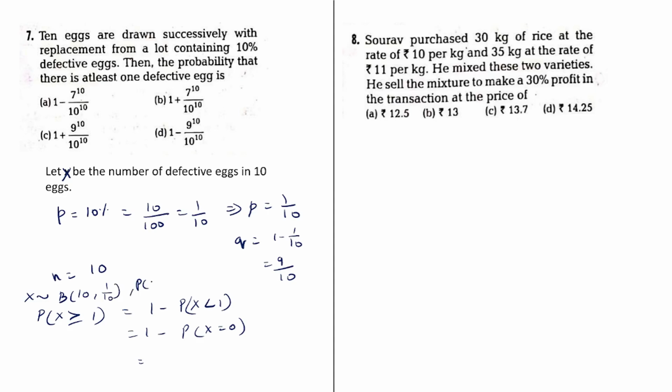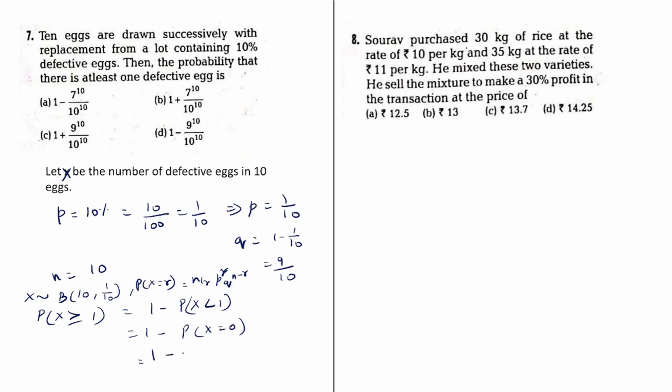We have probability of X equal to r, it is given by nCr p raised to r q raised to n minus r, where P is the probability of success, Q is the probability of failure, and N is the number of trials. So here we need probability of X equal to 0.